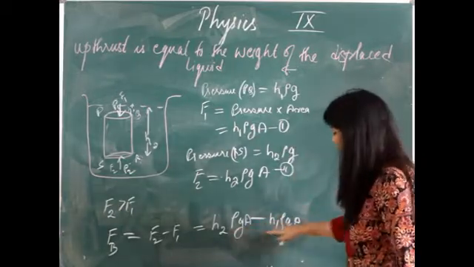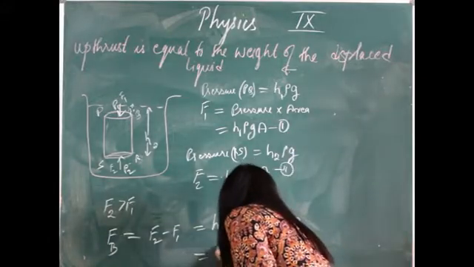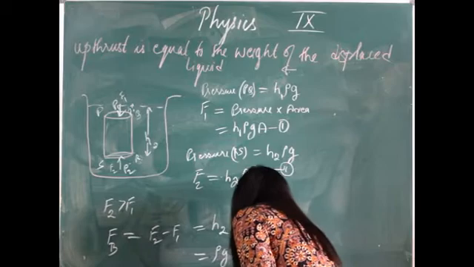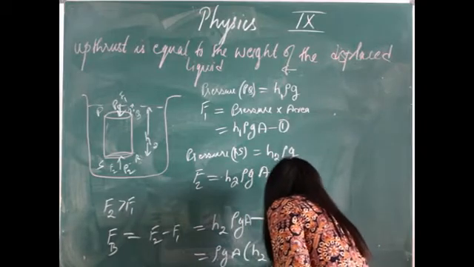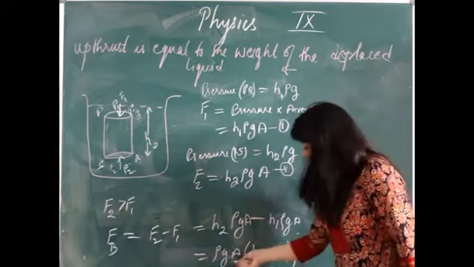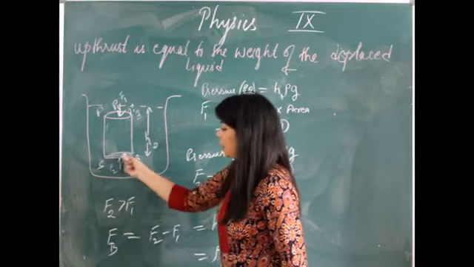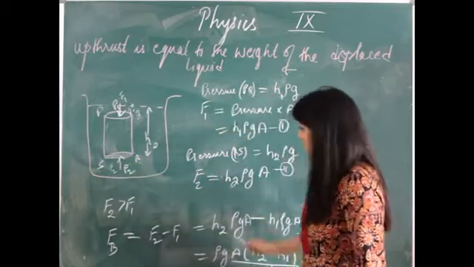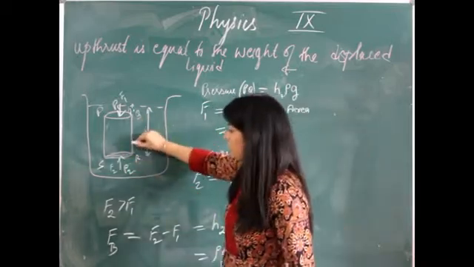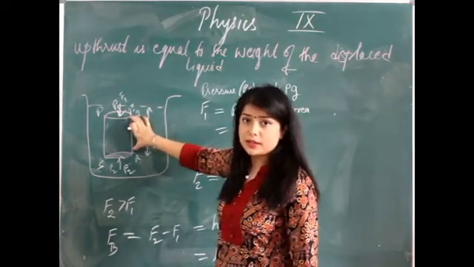Now, everything is the same except for H2 and H1. So this will be rho G A, inside the bracket H2 minus H1. Now, what is this A into H2 minus H1? A is the area, and H2 minus H1 is the height. If you subtract H2 minus H1, we will get the height of the cylinder.